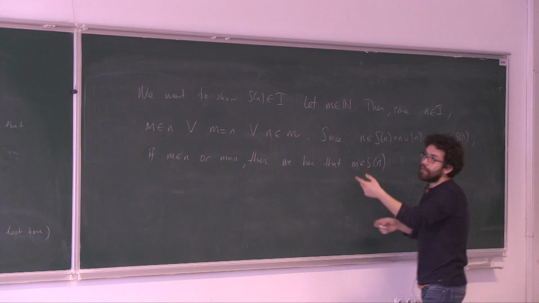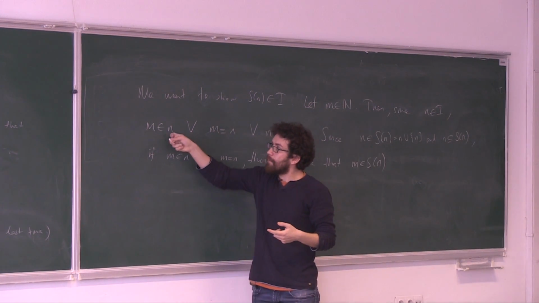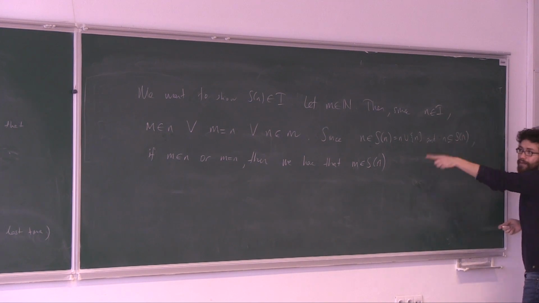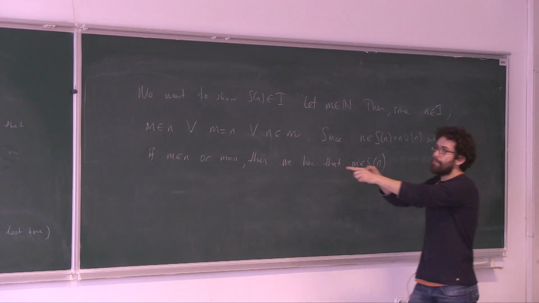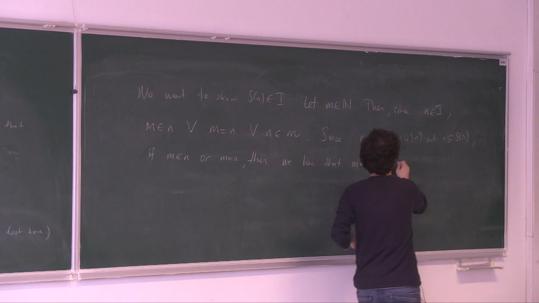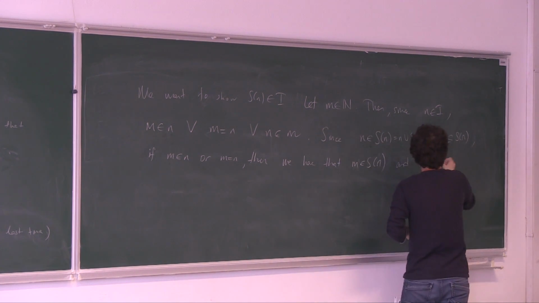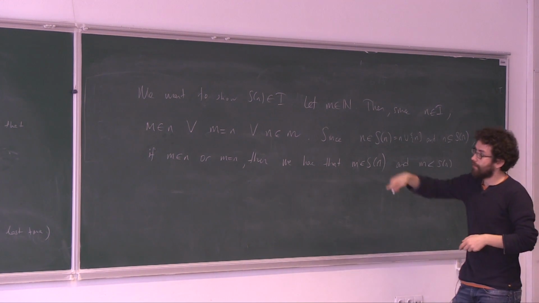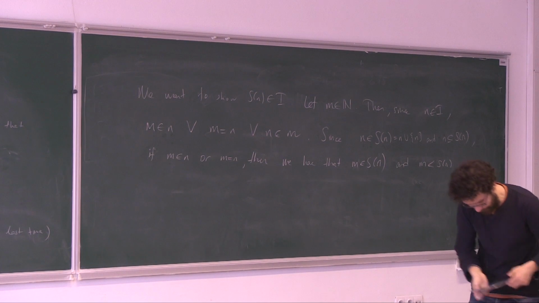That's fine. If m is a member of n, then it's a member of S of n. So this happens in both of these cases. So m is less than the successor of n, okay? So if we are in the first two cases, it's fine. Now let's take care of this other case.